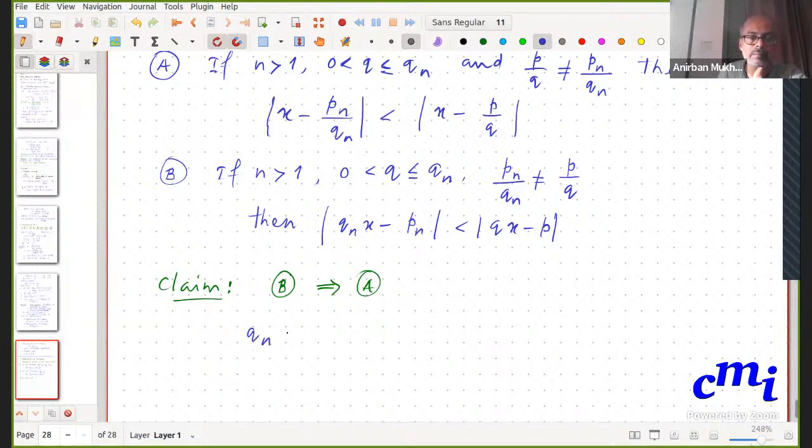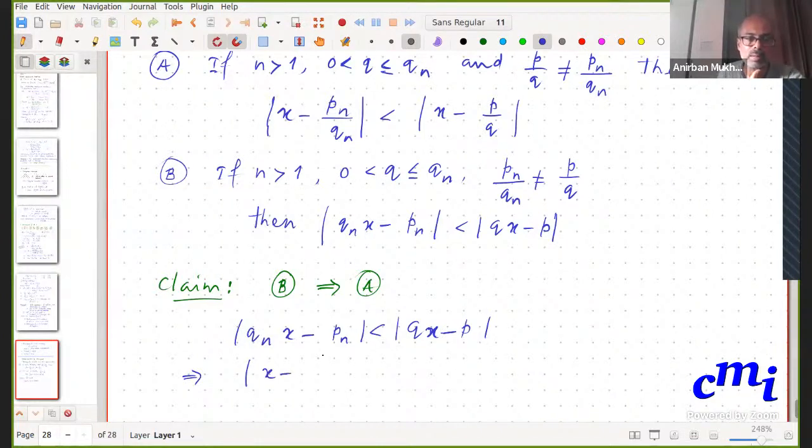So |qn x minus pn| is less than |qx minus p|. Then let's divide both sides by qn.